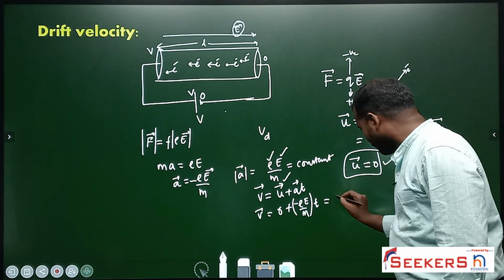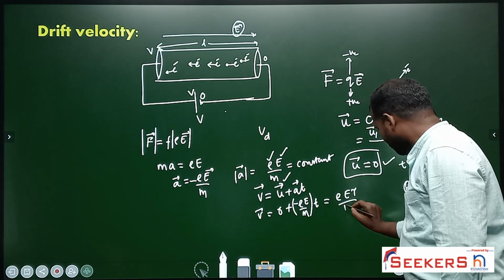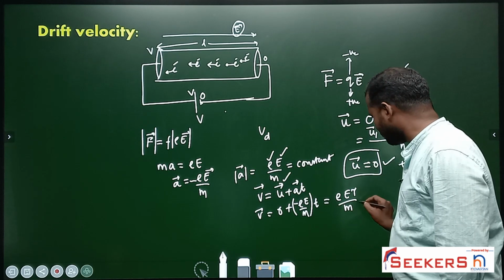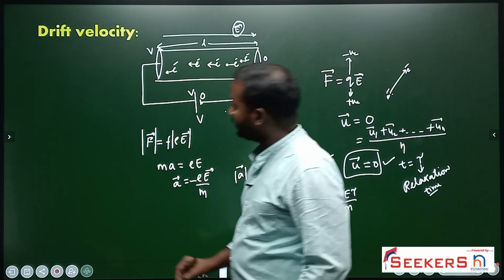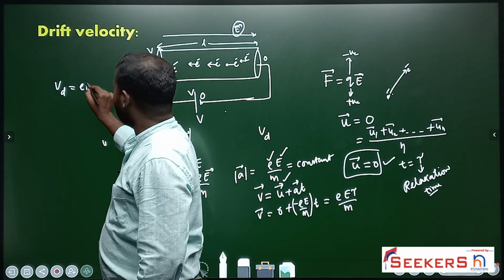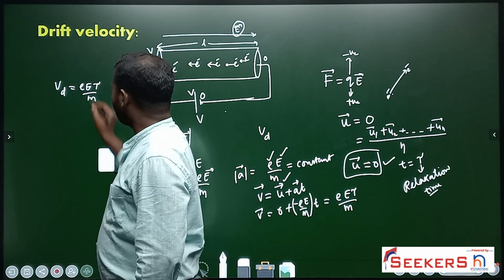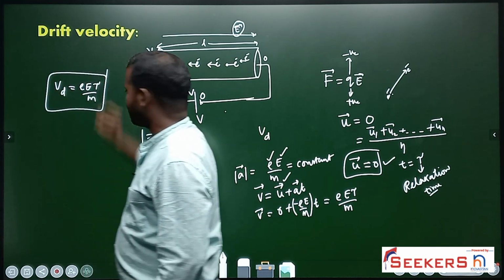So if I write eE tau by m, since I am worried only about the magnitude, it becomes the drift velocity. The drift velocity Vd can be written as eE tau by m. So this is the expression for drift velocity.